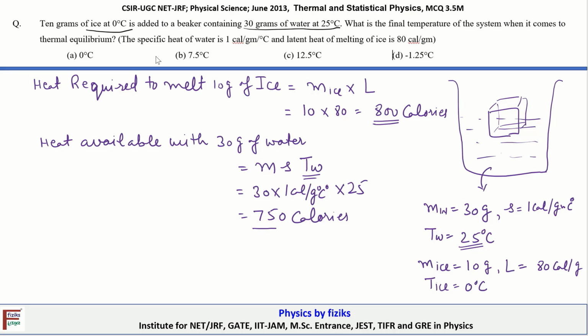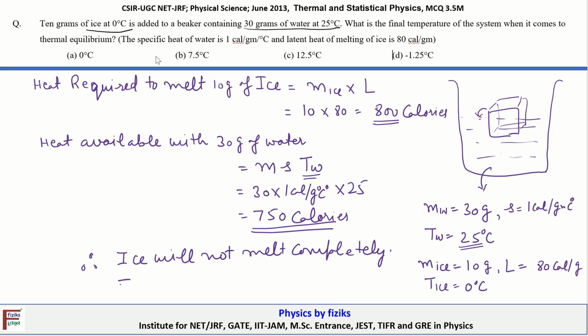So the available energy is 750 calories, and the energy required is 800 calories. That means the ice will not melt completely. There is an offset of 50 calories, so a certain amount of ice will remain as it is. So the ice will not melt completely.